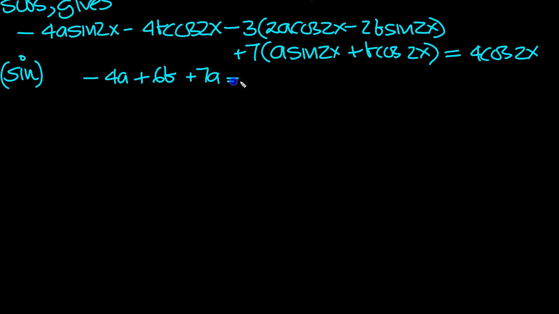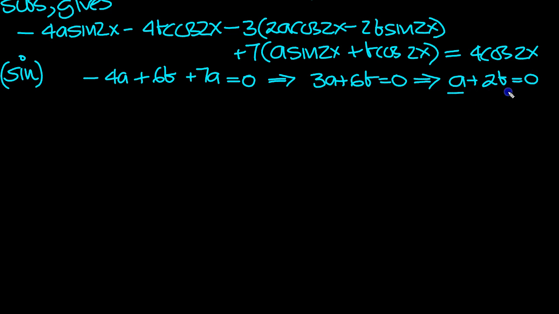There's no sines on that side. So minus 4a plus 7a is 3a. So 3a plus 6b equals 0, which tells us divide by 3 all the way through. a plus 2b equals 0. There we are. That's one equation.